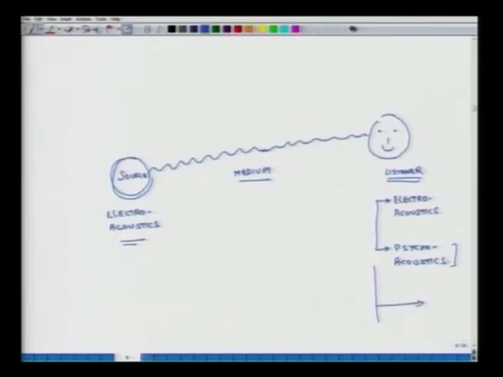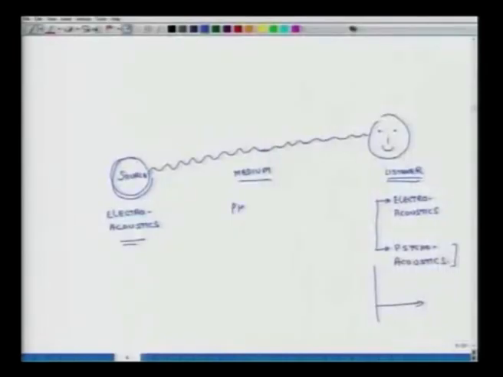And as sound travels from the source to the listener through a medium, the branch of acoustics which deals with this propagation of sound is called physical acoustics.